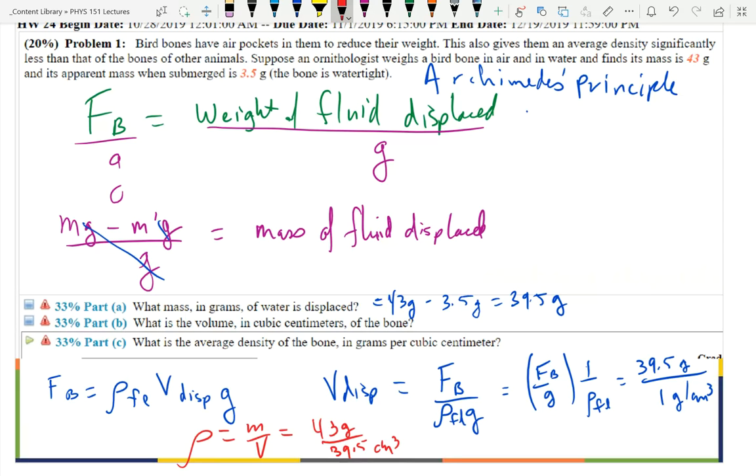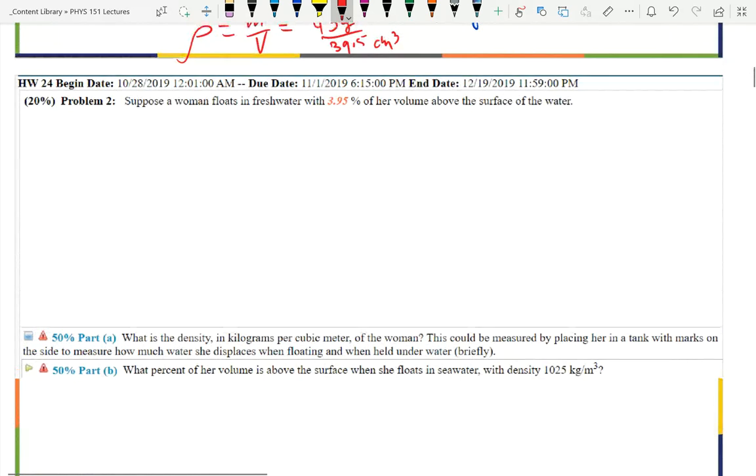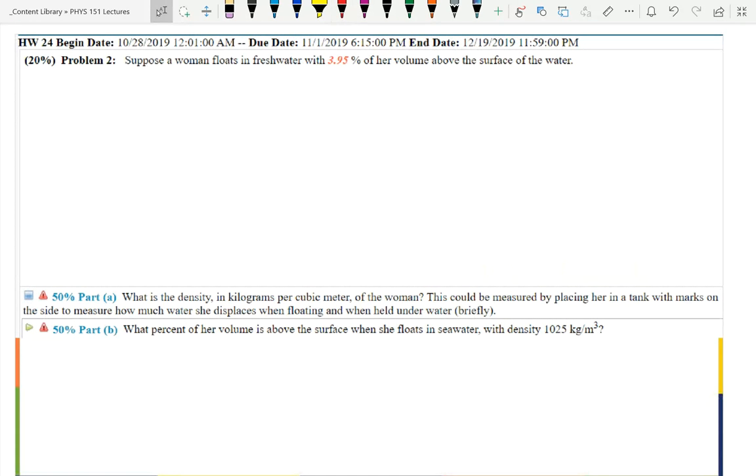Any questions about this problem? Everybody down with this problem? All right. Let's go on to the next one, which conveniently enough is problem number 2.